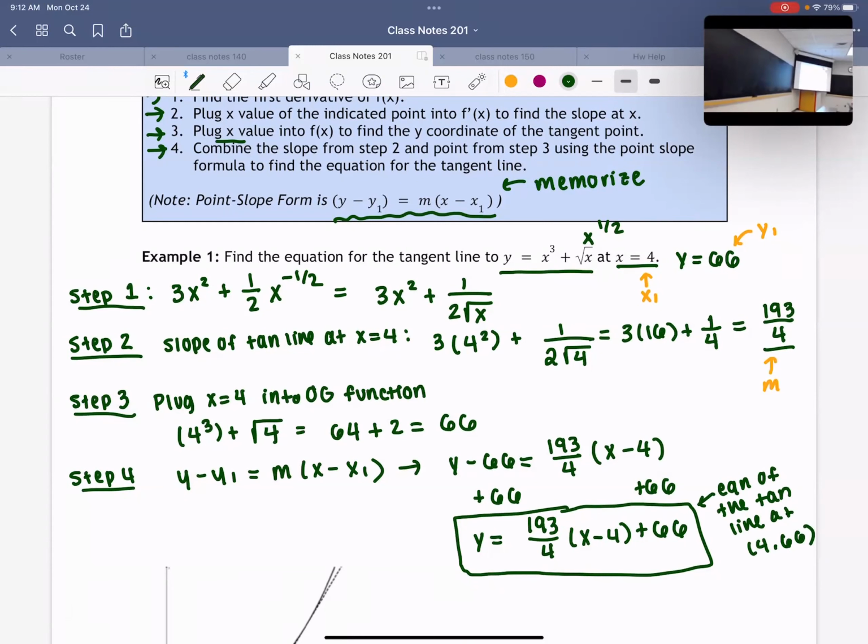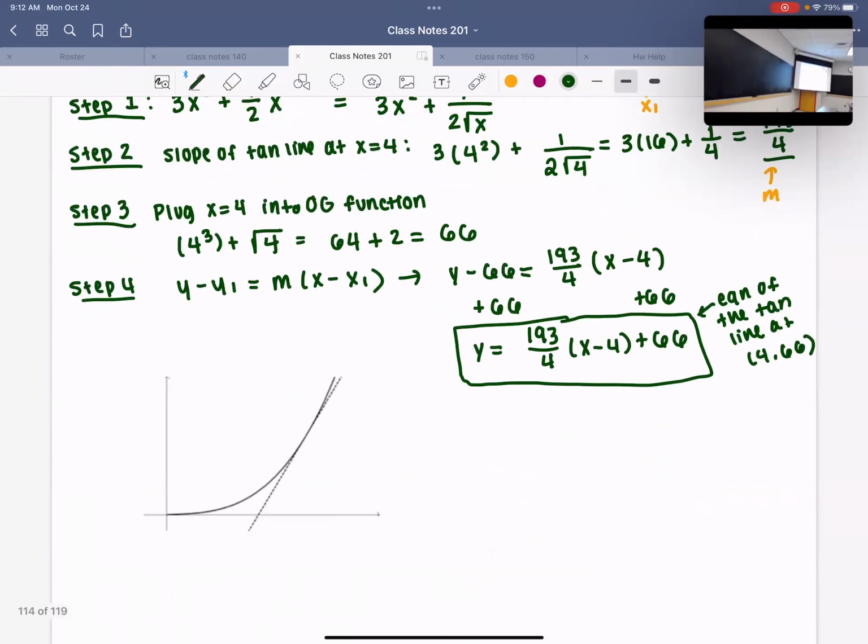Before I talk about the graph real quick, I just want to recap what we just did in terms of our final answer. What we did is we found the derivative, and we found the derivative at the point. So this is f prime of 4.